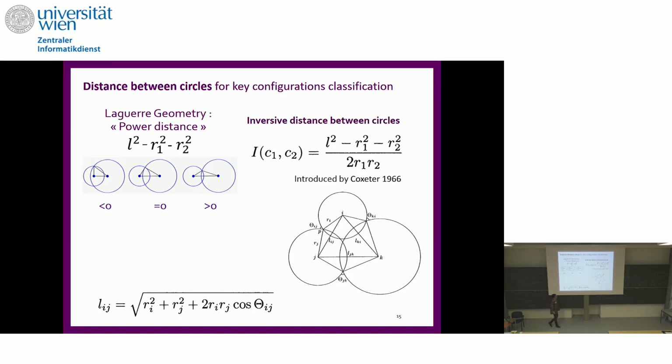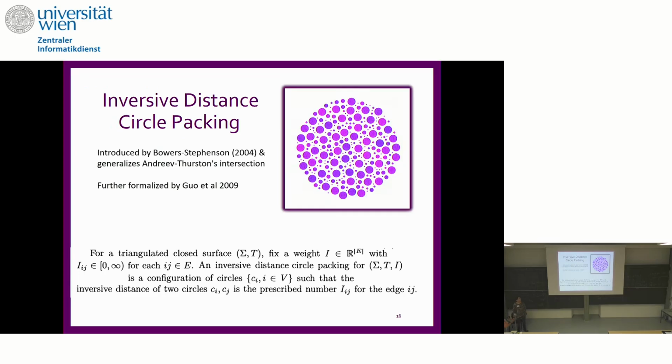So here is now the complete notation that you can compare to the definition that we had before. And based on that, indeed, you can now define an encoding for a discrete set of circles, to say how they interact with each other. For example, if they intersect with each other, what's the angle between them? And if they do not, based on this inversive distance function, we can still say something.